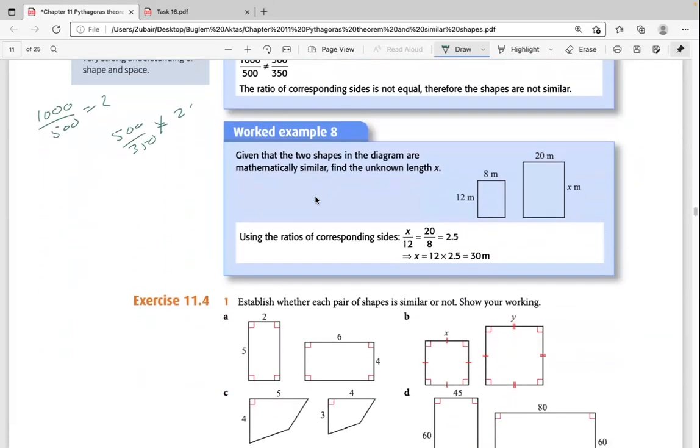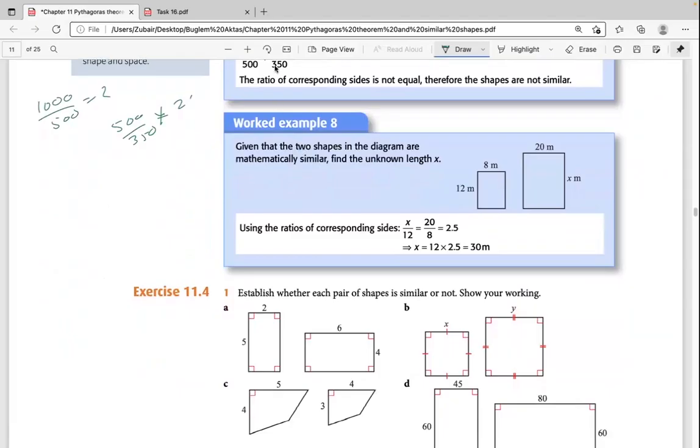You just have a look at worked example 8. Given that the two shapes in the diagram are mathematically similar, we know that they are similar.